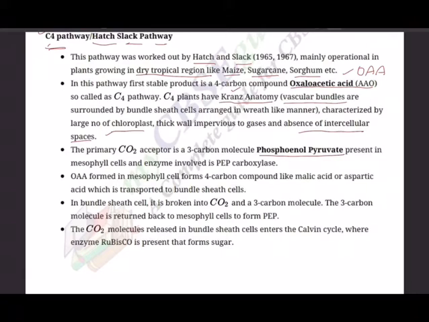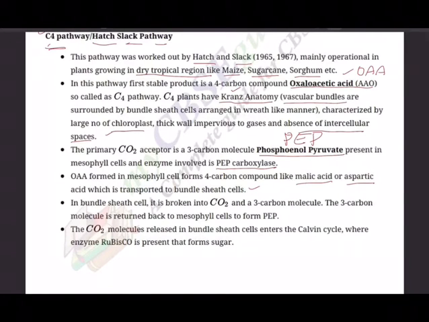The primary CO2 acceptor is a 3 carbon molecule. What is that? PEP, phosphoenol pyruvate, present in mesophyll cells. Remember, mesophyll tissue. The enzyme involved is PEP carboxylase. Oxaloacetic acid formed in the mesophyll cell forms a 4 carbon compound like malic acid or aspartic acid, which is transported to bundle sheath cells.